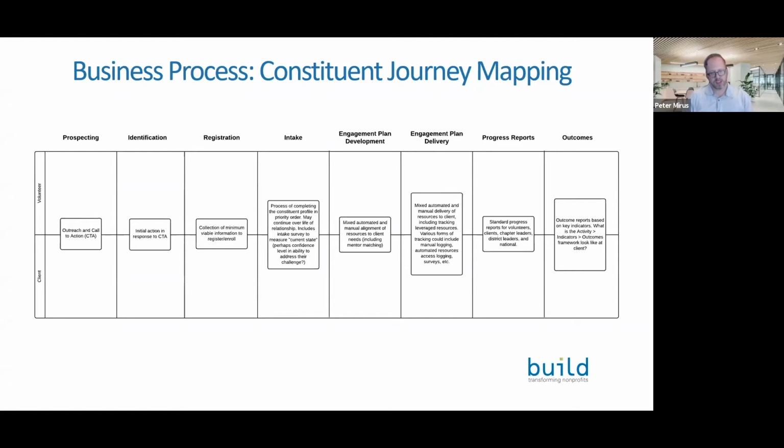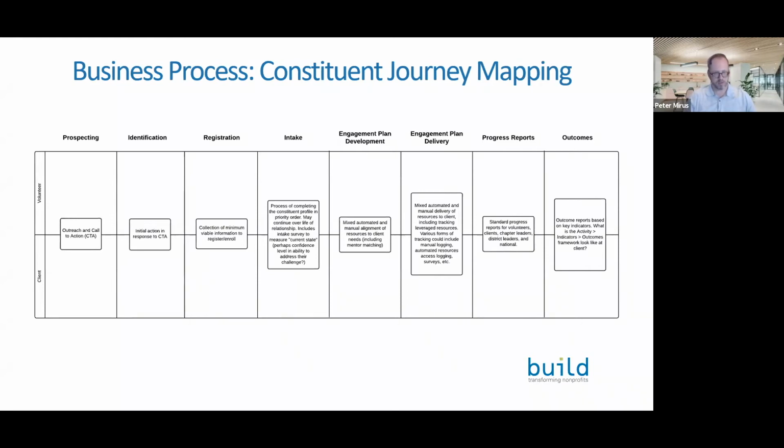So basically taking a client, in this case with a volunteer mentor that was providing them with small business mentoring services, through the point where you're prospecting for potential clients, you're identifying them, moving them through some sort of registration and intake process, developing an engagement plan or a success plan for that individual or group, delivering that plan, running progress reports, and measuring outcomes.